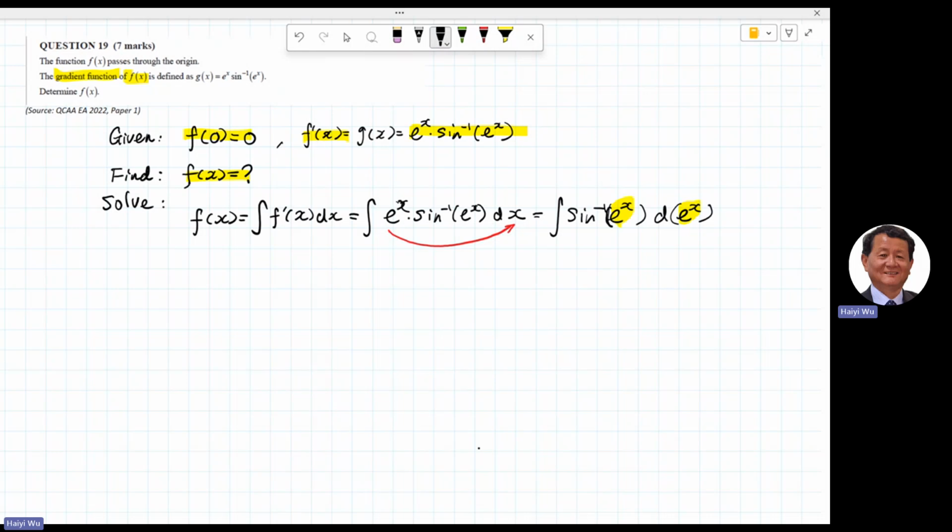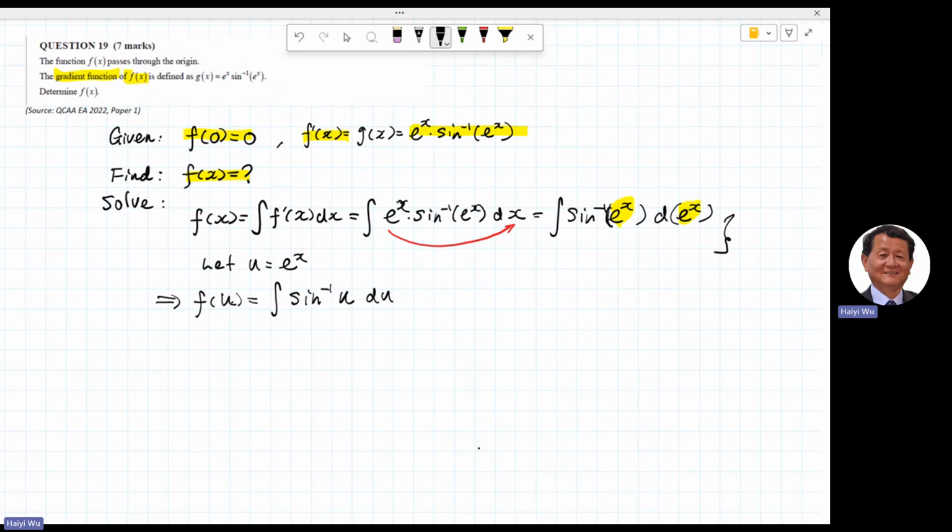So if I let u be e to the power of x, then f(x) becomes, in relation to u, the integral of inverse sine u du, instead of writing e to the power of x.